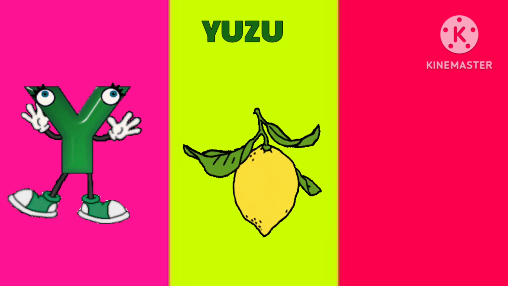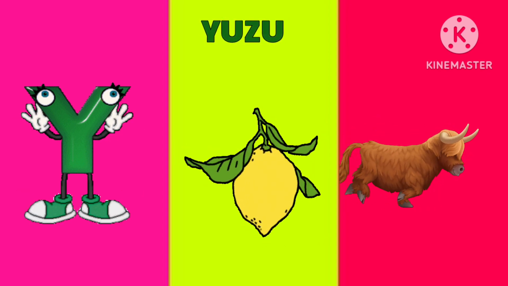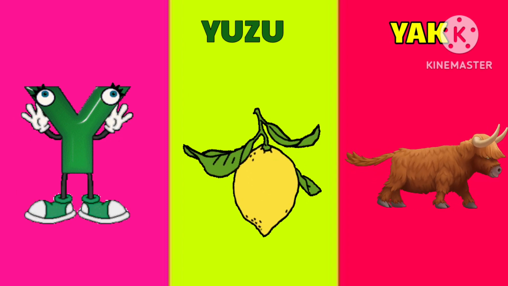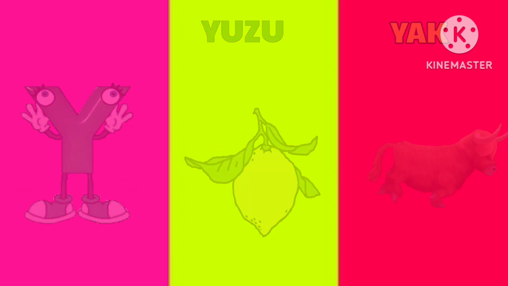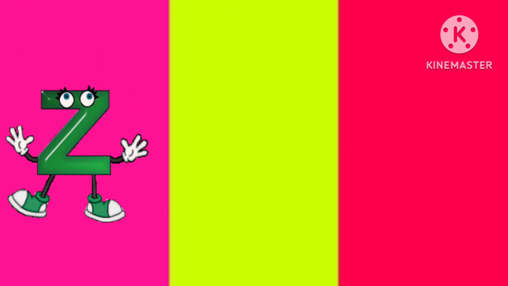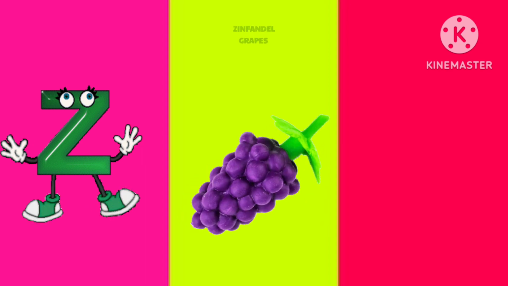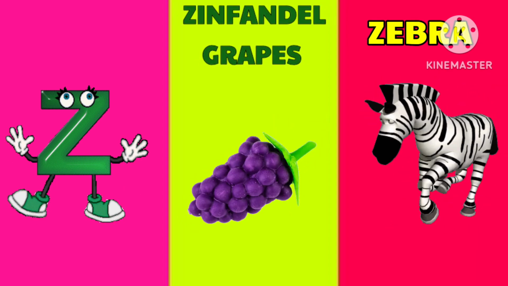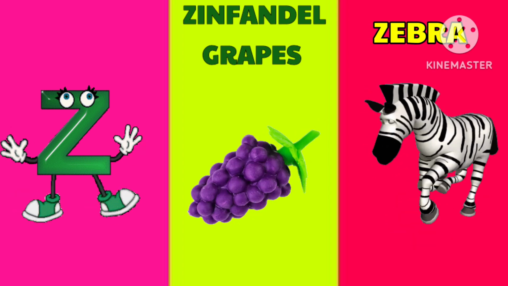Y. Y for yuzu. Y for yak. Z. Z for Zinfandel grapes. Z for zebra.